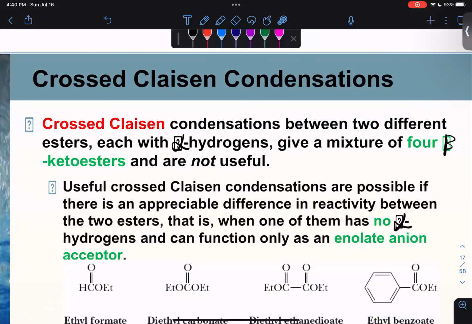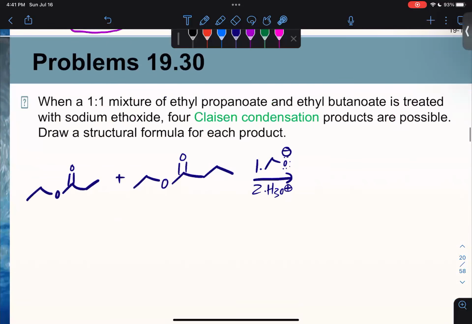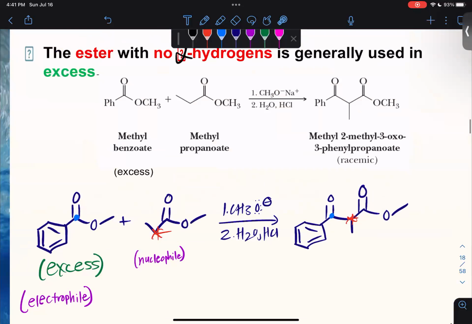Wait, one more. On the arrow, the CH3O. Oh, CH3CH2O minus right here. No, the other one. Where was it? Go up. Freeze.